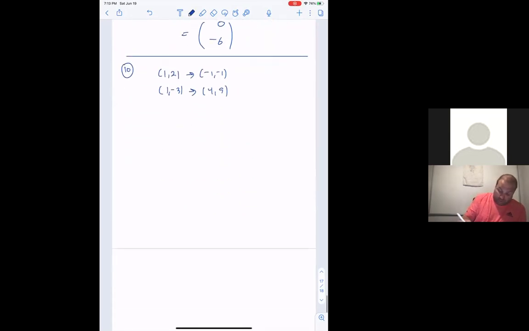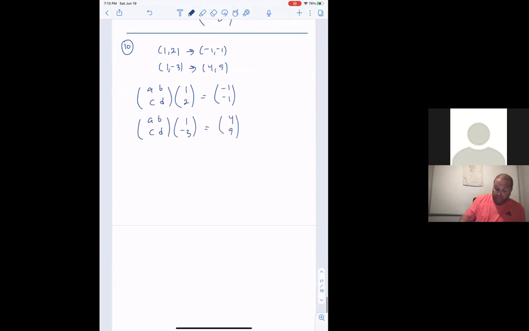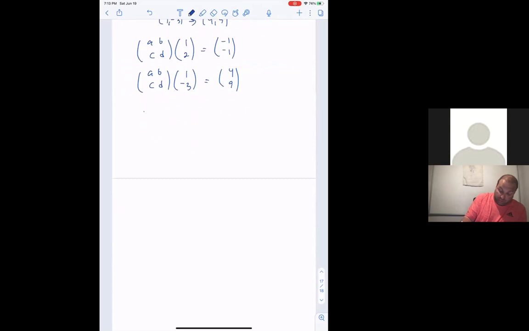Okay, so the currently unknown matrix A, B, C, D acting on the point 1, 2 gives me -1, -1, and acting on 1, -3 gives me 4, 9. My 4 equations are A plus 2B equals -1, C plus 2D equals -1, A minus 3B equals 4, C minus 3D equals 9.